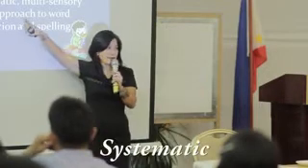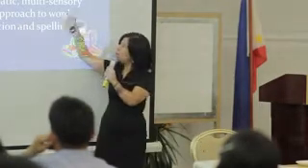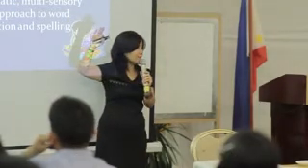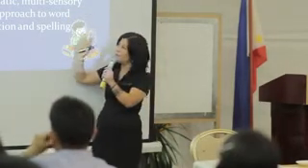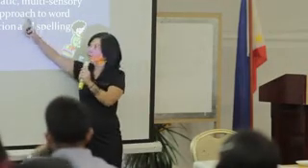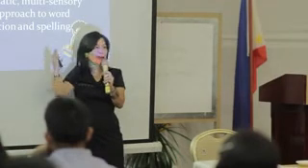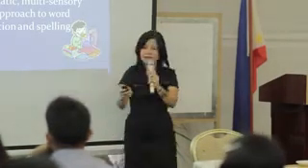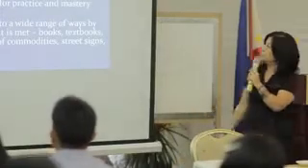Okay, systematic. Multi-sensory. So it's not purely paper and pencil, the way that we teach. We should move away from that. Sequential. So, systematic, sequential, there has to be an organized way of doing it. Okay? So there. Those are the important keywords.